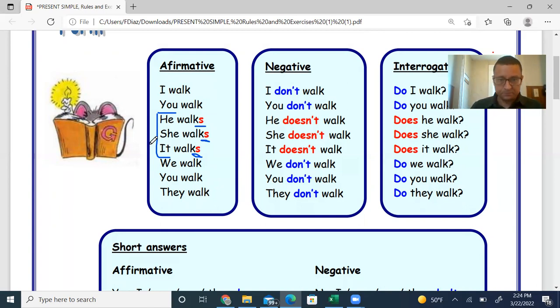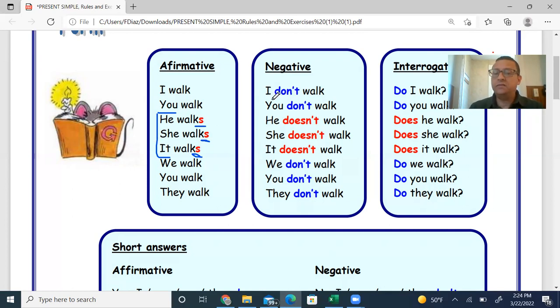To understand? And to make negatives and interrogatives, to make questions, we have to add an auxiliary verb, an extra verb. There are many verbs that we add to sentences, but in 90% of cases, the verb we add is the verb to do.